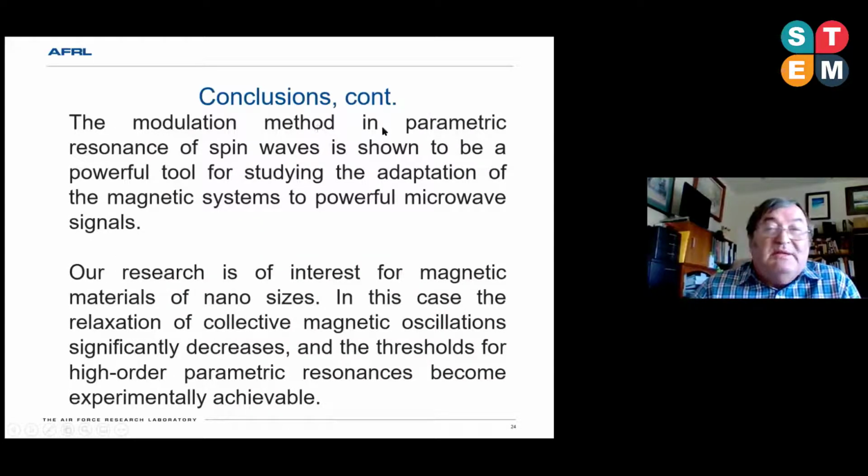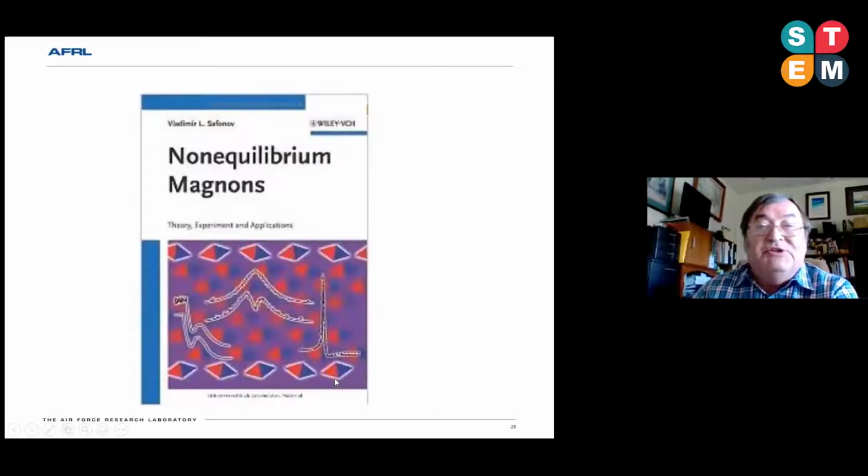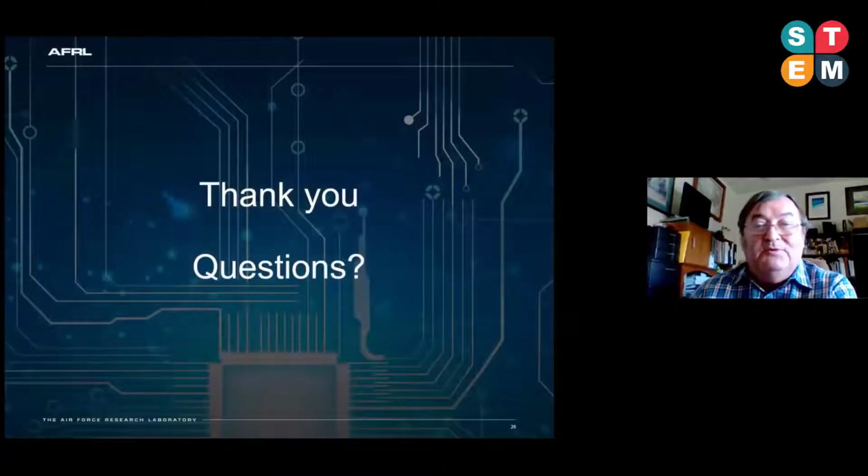The modulation method in parametric resonance of spin waves is shown to be a powerful tool for studying the adaptation of magnetic systems to powerful microwave signals. Our research is of interest for magnetic materials of nano sizes. In this case, the relaxation of collective magnetic oscillations significantly decreases and the thresholds for higher order parametric resonances become experimentally achievable. This is just my book, and thank you.